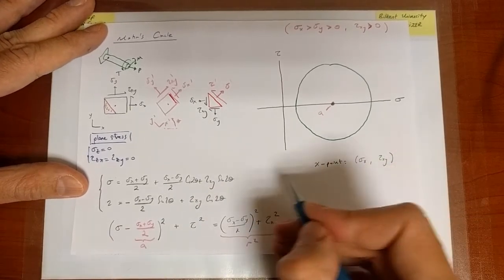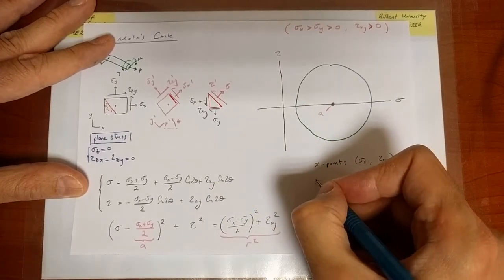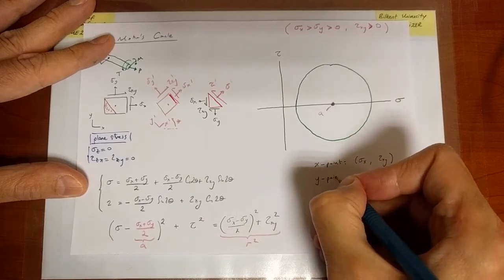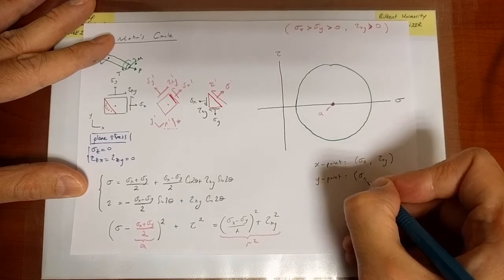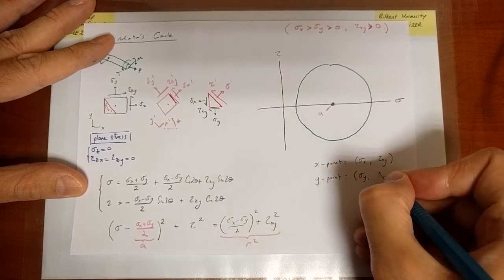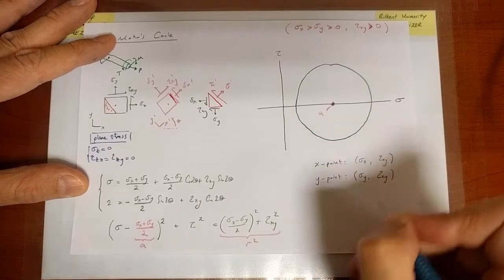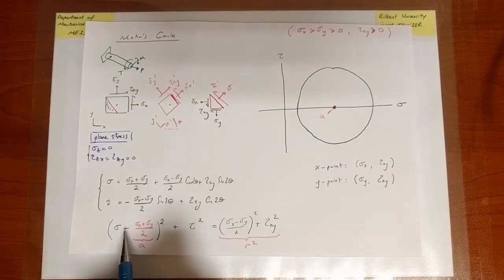So the x point does satisfy this equality. Likewise, I can pick a y point that also satisfies this equality. So sigma y, plus or minus, I'm going to comment on the signs shortly, tau xy. Likewise, you can put that also over here and you'll see that it is identically satisfied.